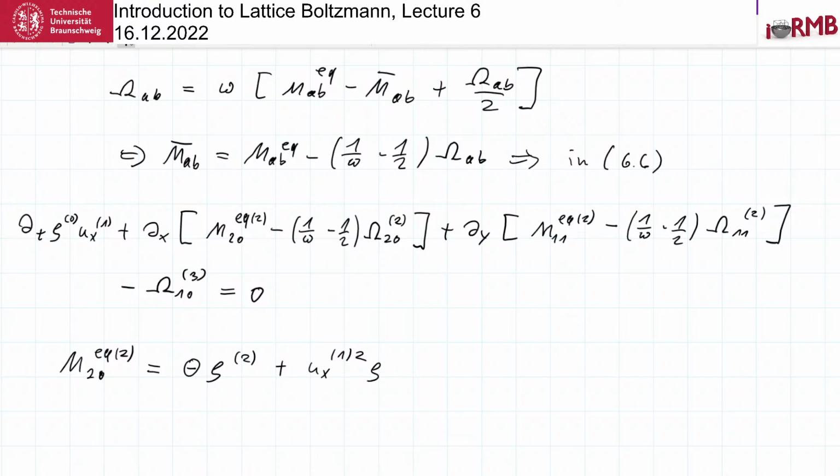This times rho 0. We know that M11 equilibrium to second order is ux to first order times uy to first order times rho to 0 order. So if we count up the orders, we see it's 2, right?